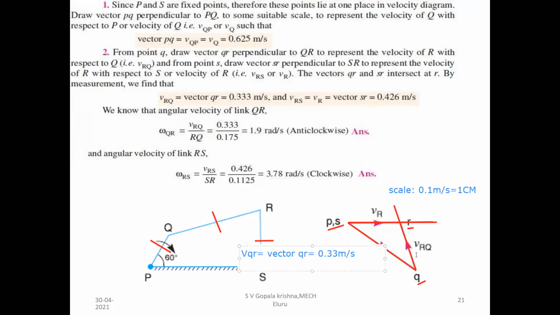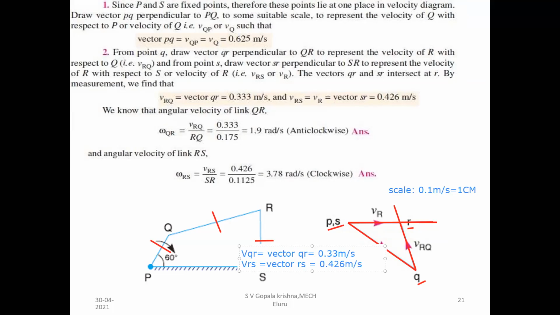Later, VRS equals vector RS, which is 4.2 centimeter, nearly 4.26 centimeters. That means 0.426 meter per second.